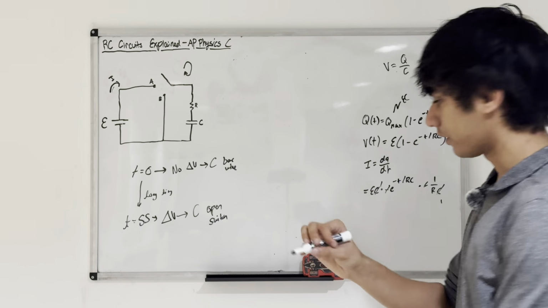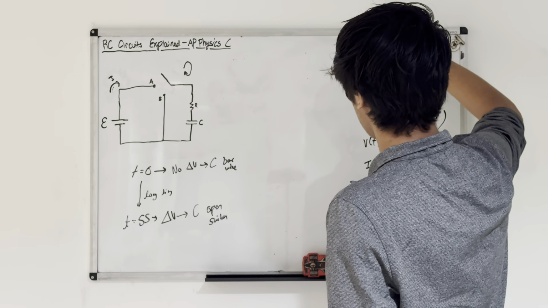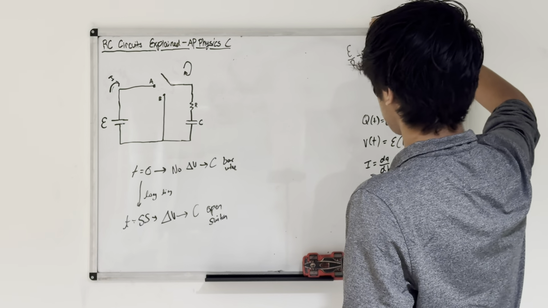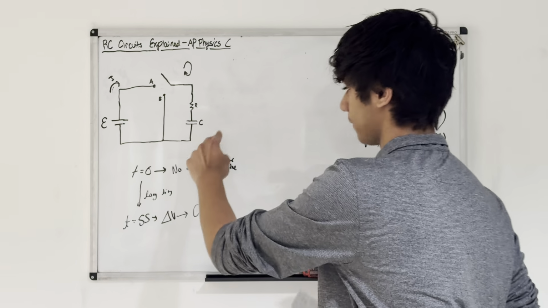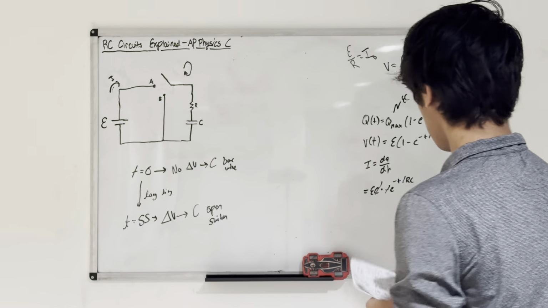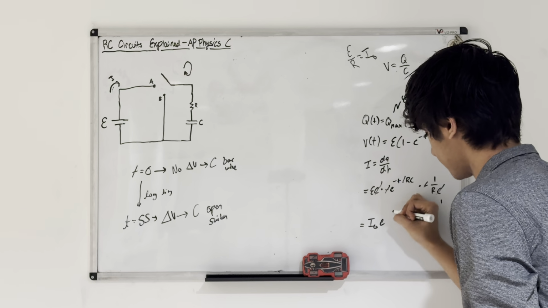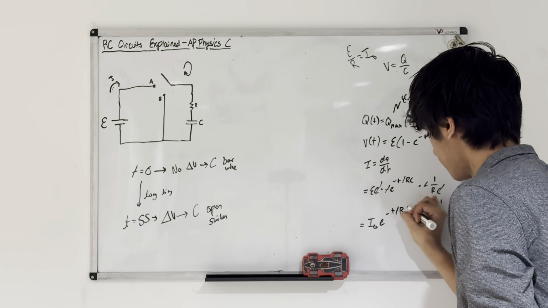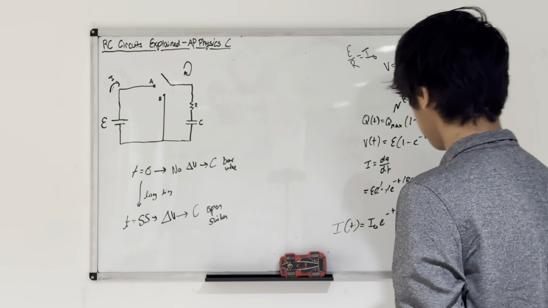We get E divided by R, that's equal to our initial current, because initial current is going to be our max E divided by resistance, because it's a bare wire. So it's going to be equal to current 0 times e to the negative t over RC. And that's our formula for current as a function of time.